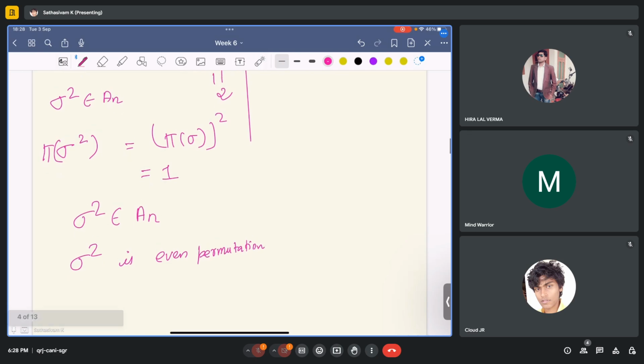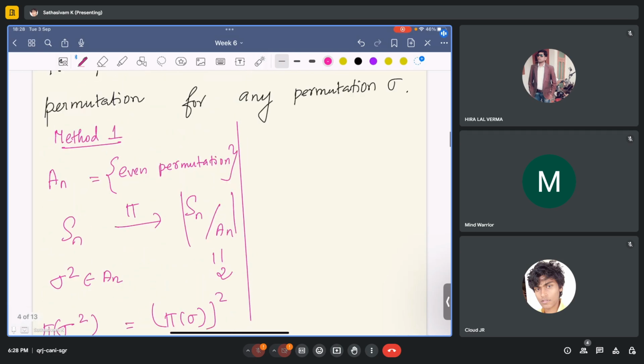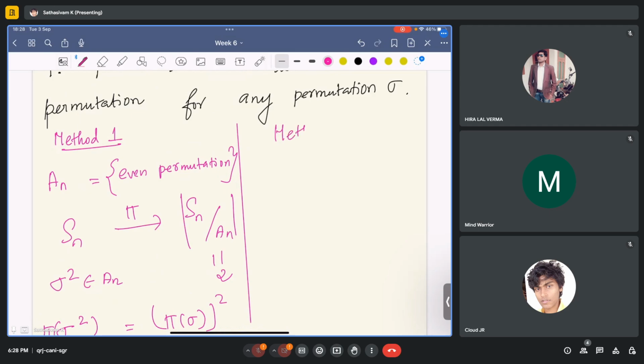Okay, so there is another way you can write it. Another way is you take sigma and write it as a product of permutations.